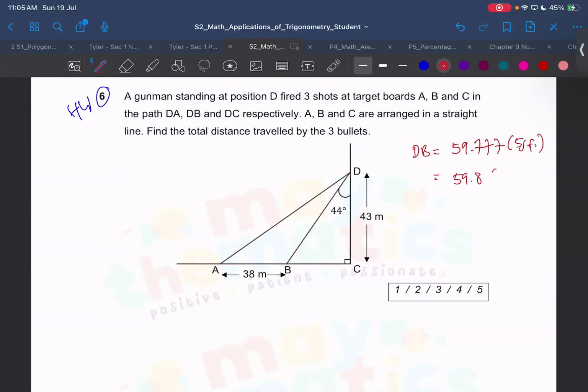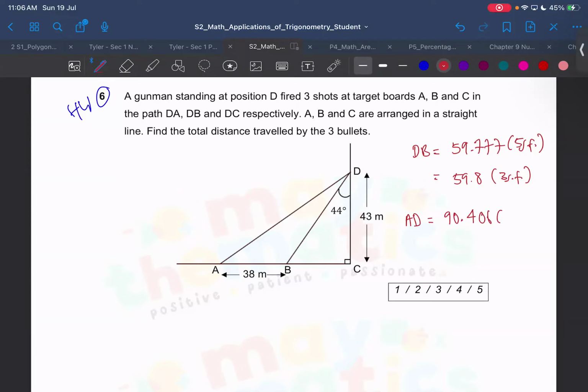Okay, come Xavier. What is your BC? 41.33. Okay, good. No, not BC, AD. What's your AD? 90.41.